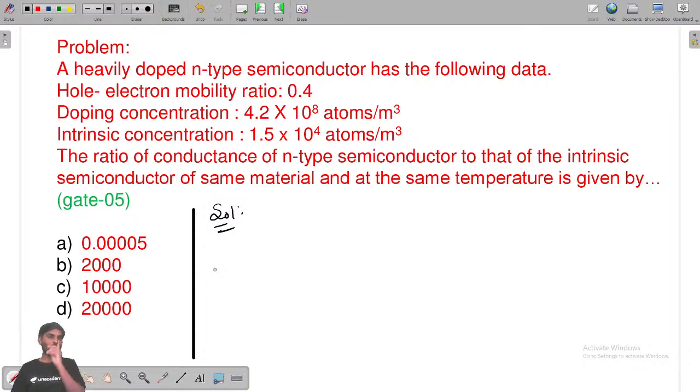Again, the hole to electron mobility ratio, mu p by mu n, is equal to 0.4.